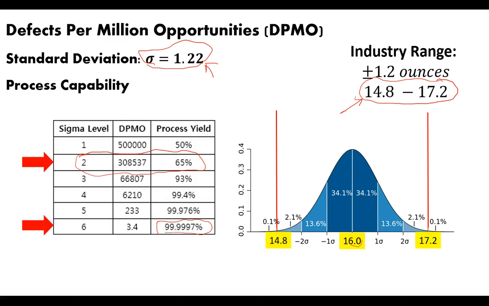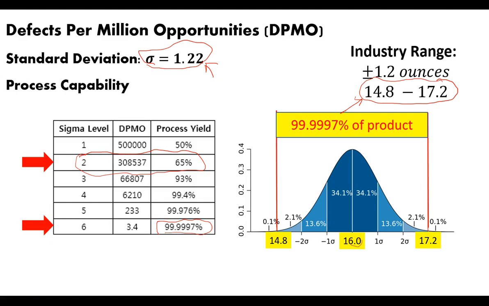Our plus 3 sigma would be 17.2, and our minus 3 sigma would be 14.8, which means that this range is 6 sigma in between. 99.9997% of our product will land within our specification limit if we're operating at the 6 sigma level.